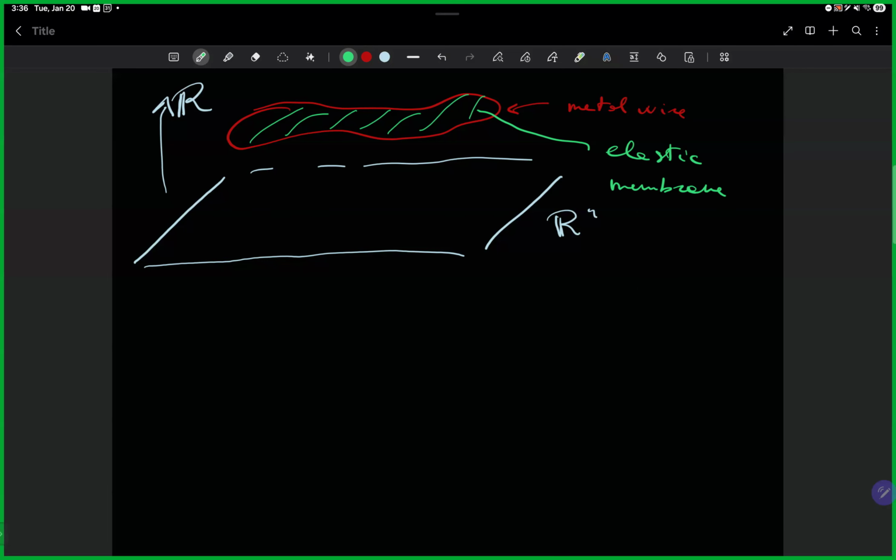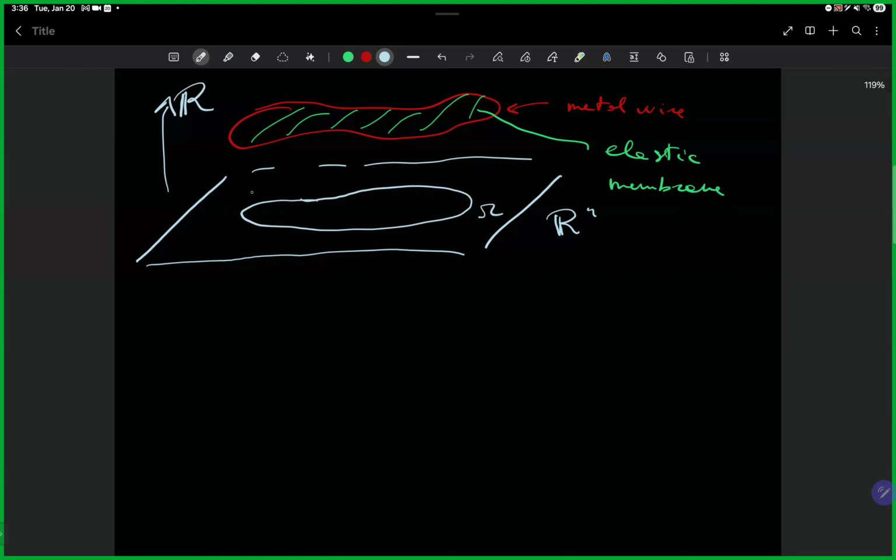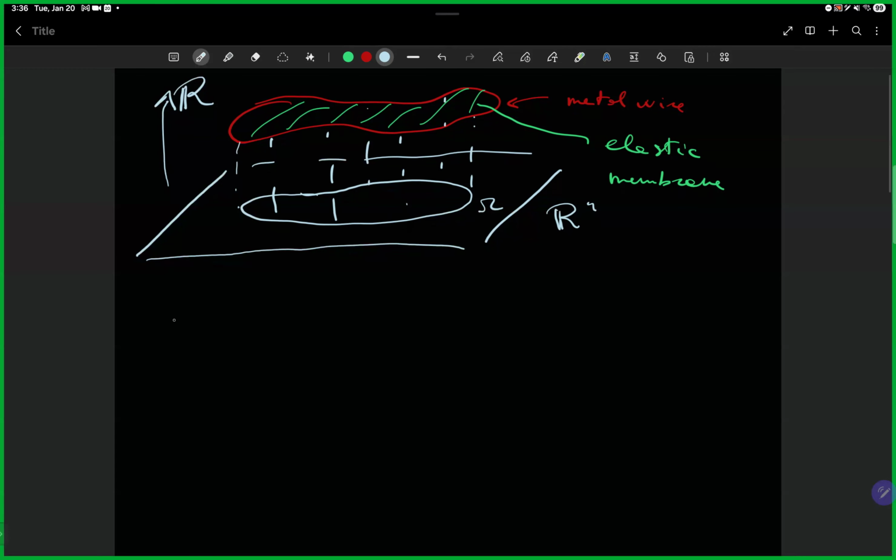Now, in this very particular situation, just with the metal wire and elastic membrane, I can do the following. Let me assume that everything is a graph. So I will assume that I have a domain omega here, and then my metal wire is a graph over the boundary of the domain. So my metal wire is the graph of a function f, where f is defined on the boundary of omega.